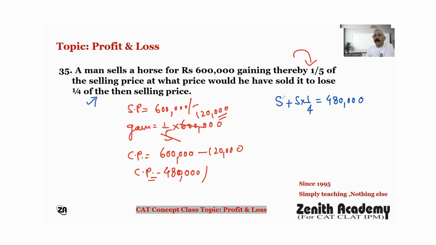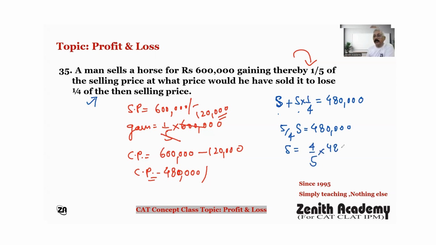Is it okay? What price would he have sold it to loss 1 by 4 of then selling price? So if selling price is S, then 1 by 4 of the S is a loss, then selling price plus loss is equal to the cost price 4 lakh 80,000. So this is 5 by 4 of S is equal to 4 lakh 80,000. And now you can get it. S is 4 by 5 into 4 lakh 80,000.